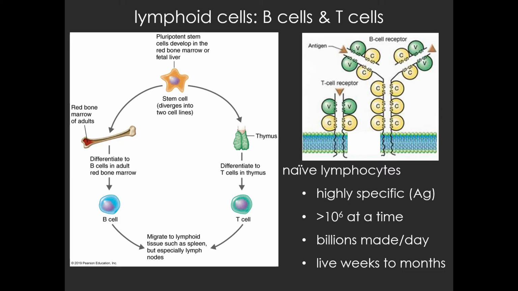Those macrophages and dendritic cells will come over, they will phagocytize whatever pathogens have been introduced into the body through that broken skin, and through that process of phagocytosis, they will digest that pathogen, but they will keep pieces of the pathogen, and those pieces are antigen.